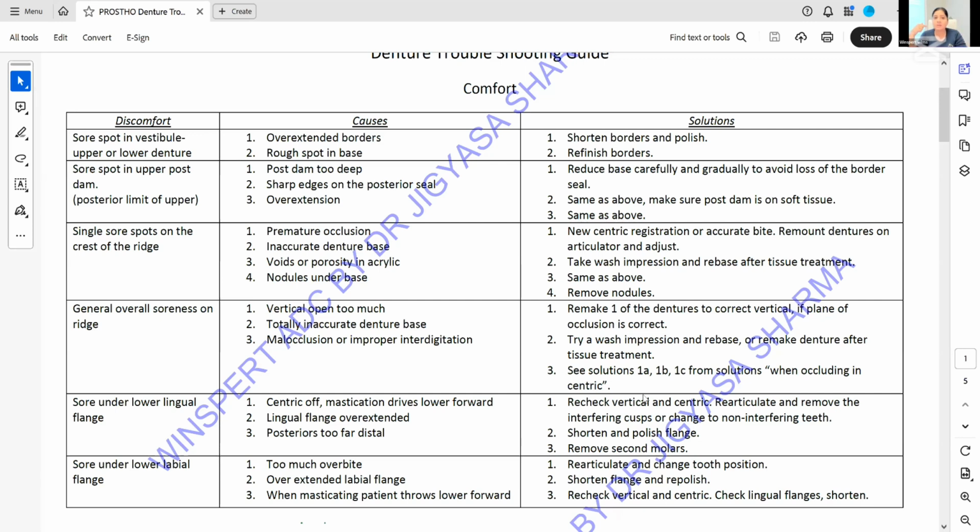Now, the other bilaterally balanced aspect is when the patient bites in centric, then the anteriors should meet. And when the patient brings the teeth edge to edge in protrusion, then the posteriors still continue to meet. It's not like in your dentate patient, when your mandible is protruded, your posteriors separate.